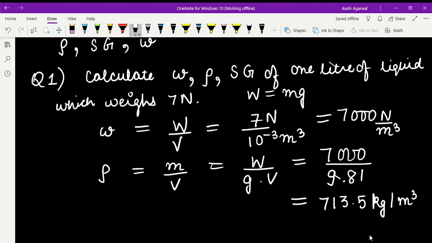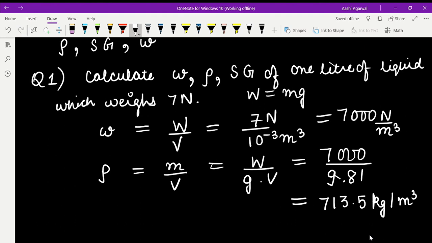Now, the third part of the question is you have to find out the specific gravity of this fluid. What you know about this fluid is that its density is 713.5 kilogram per meter cube and its unit weight is this. Definitely, the density of water at 4 degrees Celsius is 1000 kilogram per meter cube, and the density of this fluid is less than the density of water. So you can say it is lighter than water.